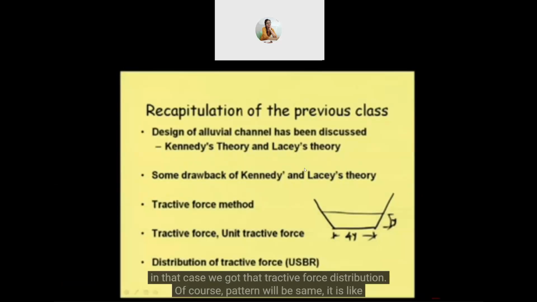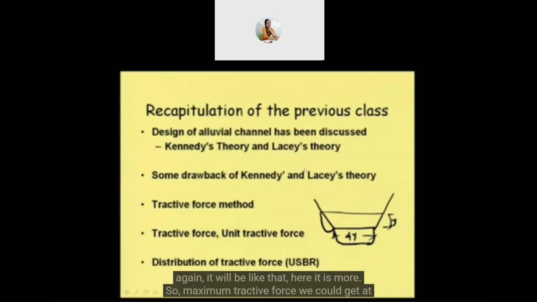In that case we got this tractive force distribution. Of course, the pattern will be the same. It is like that, and here it is almost uniformly distributed, and here again it will be like that. Here it's more, so we get the maximum tractive force at this point.